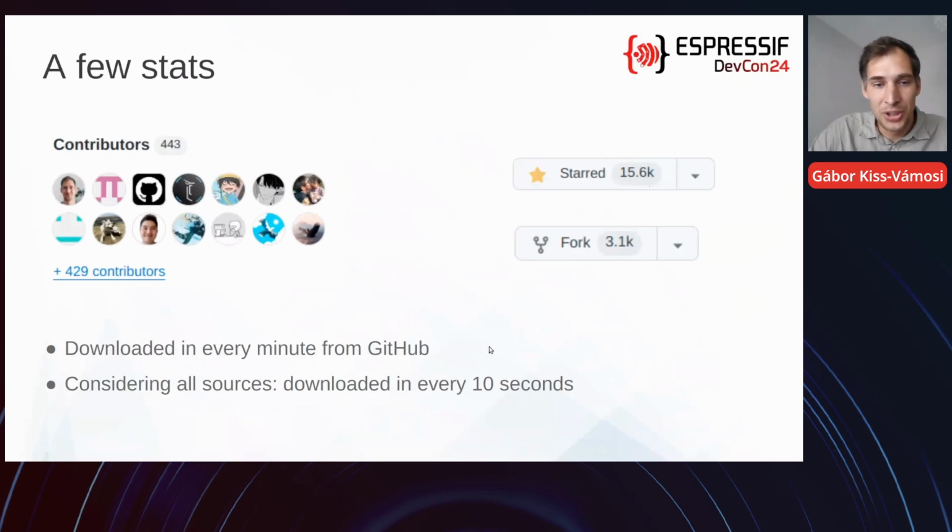As I already mentioned, according to the statistics on GitHub, we can see that LVGL is being downloaded in every minute. However, it doesn't count other sources like Platform.io or Arduino libraries, or even ESP registry. If I consider all these sources, it's quite reasonable to say that someone downloads LVGL in every 10 seconds, which is mind-blowing for me, to be honest.